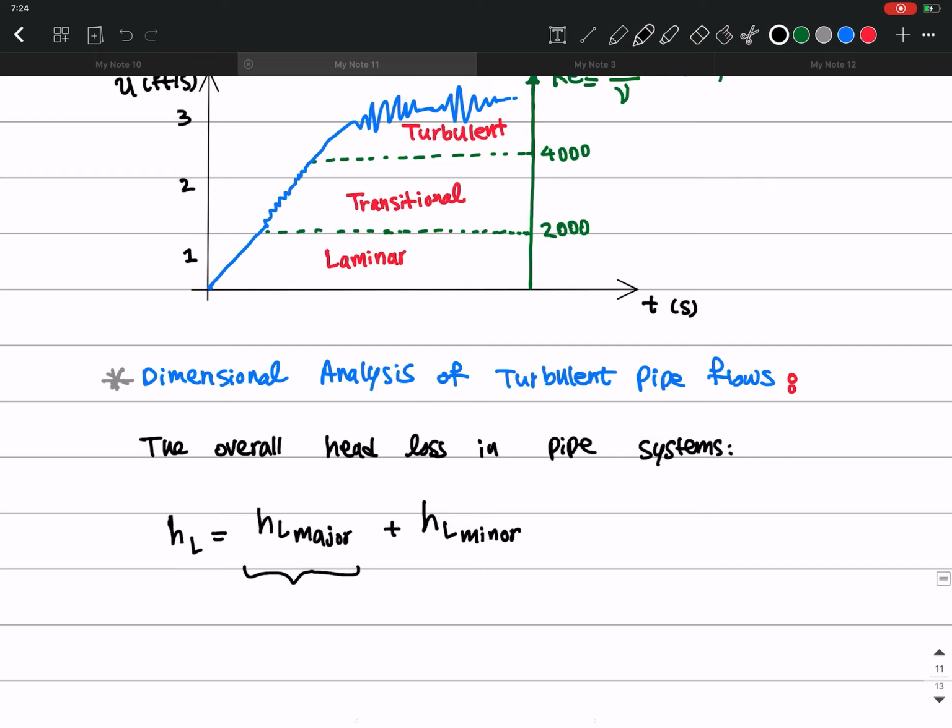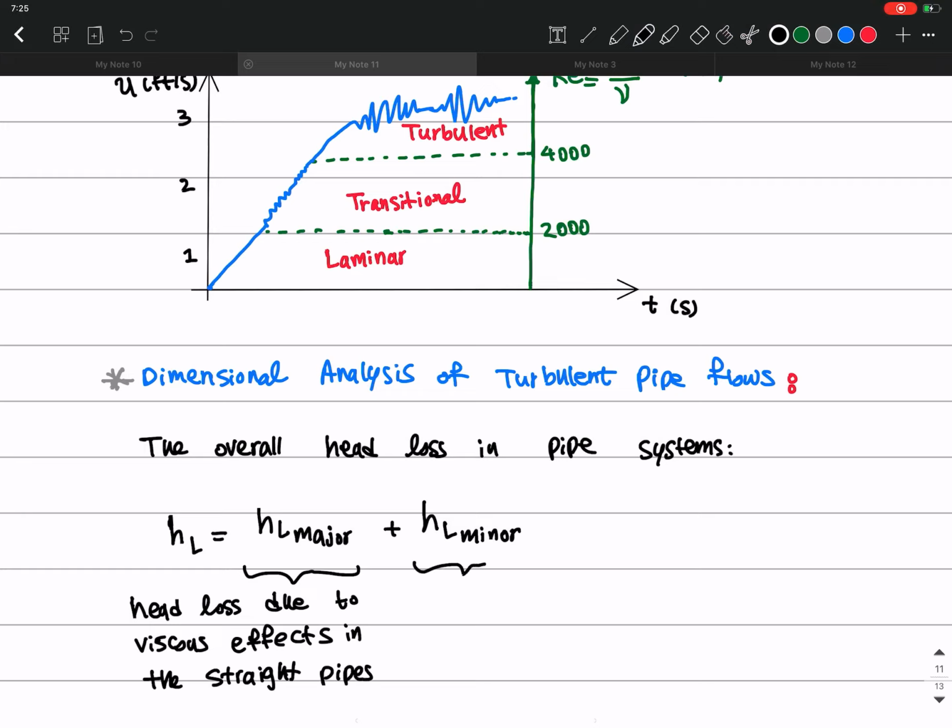Major head losses are head losses due to viscous effects in straight pipes, and HL minor refers to head loss in various pipe components.